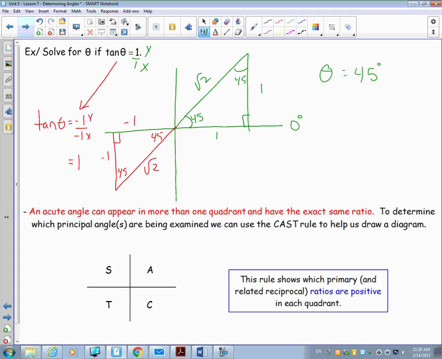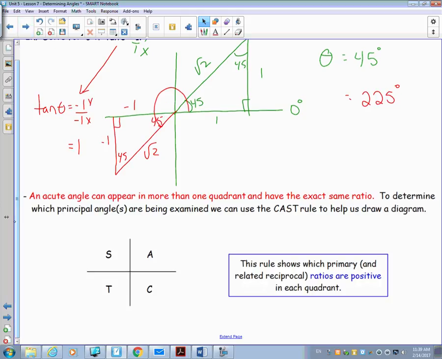Which means that theta could have been 45, or counterclockwise from 0, I could get that far, which is 180 plus the 45, or in other words, 225. So unless I'm told otherwise, there's actually 2 answers for every single angle. Every picture shows up in multiple spots because of the idea of simplifying. We don't know where the signs go.